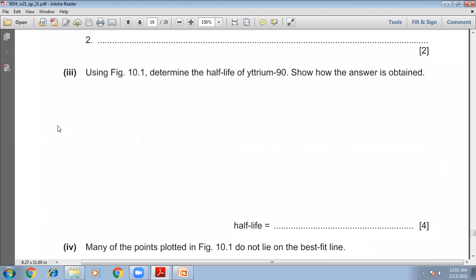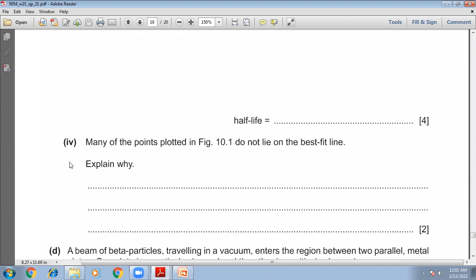Many of the points plotted in the figure 10.1 do not lie on the best fit line. Explain why. Very simple. Because the radiation is a random process. You cannot predict which atom and at what time the atom will decay.